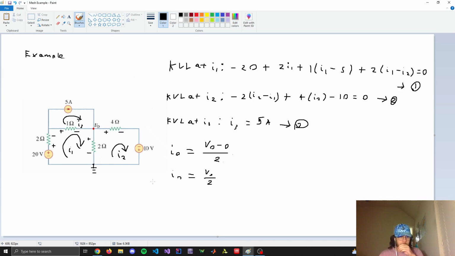And then I0, depending on your perspective, it doesn't really matter. It's like a neighboring mesh, so it could be either I1 minus I2 or vice versa. You just have to stay consistent with your arrows. Once you solve your system of equations, you just plug it in to this right here, and then that should be the voltage V0.